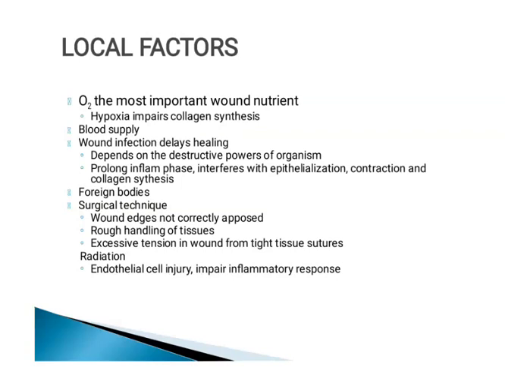Blood supply can affect wound healing. Wound infection delays healing, depending on the destructive powers of the organism. A prolonged inflammatory phase interferes with epithelialization, contraction, and collagen synthesis. Also, foreign bodies affect wound healing.